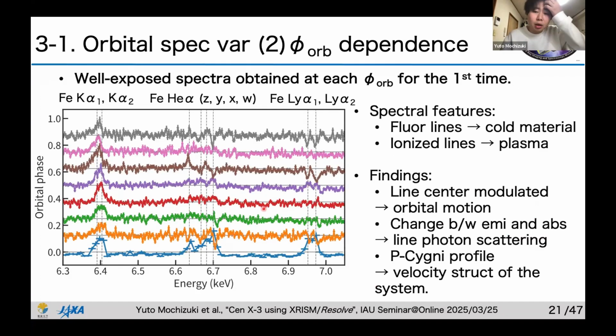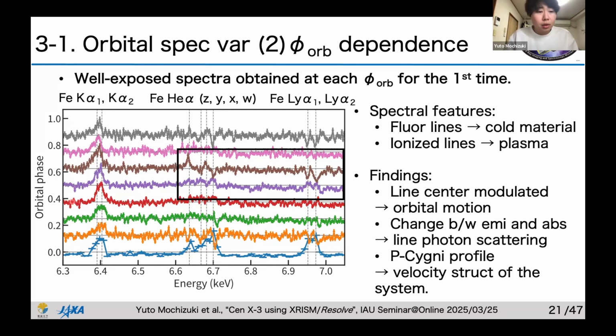Next, the result of the orbital dependence of the spectrum. For the first time, we obtained well-exposed spectra at each orbital phase. The left figure shows the spectra, energy versus orbital phase. We observed the fluorescence lines caused by cold material and ionized lines caused by hot plasma. We found three main findings. First, the line center is modulated by orbital motion.